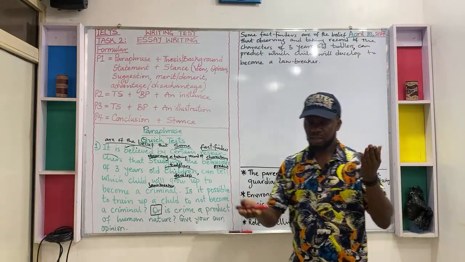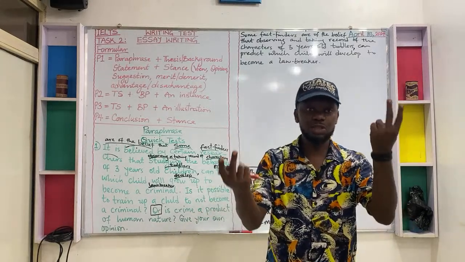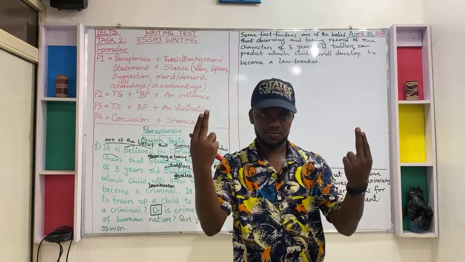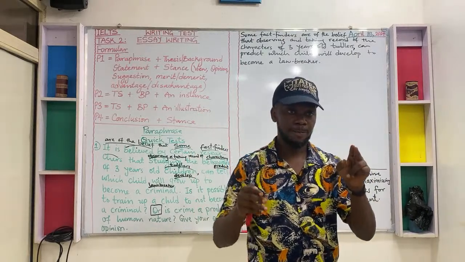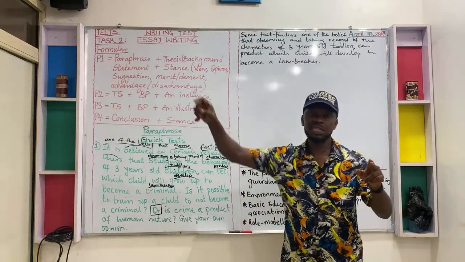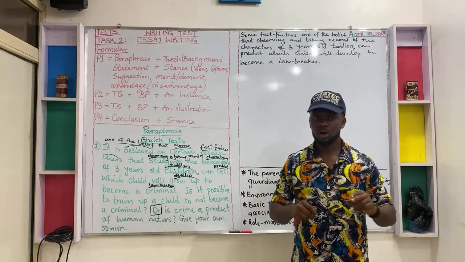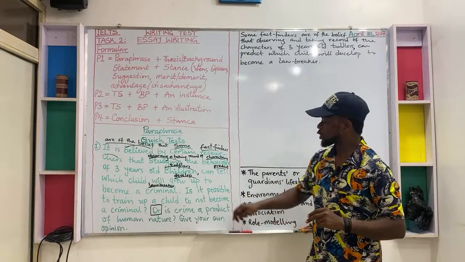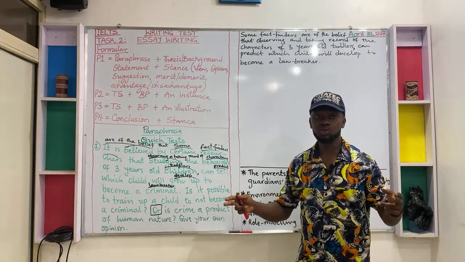Do you think the IELTS expects you to treat the two parts? And I said no. You don't have to treat both. You have to choose one out of the two.